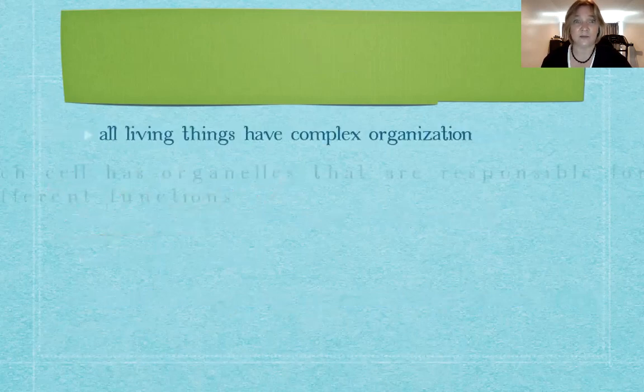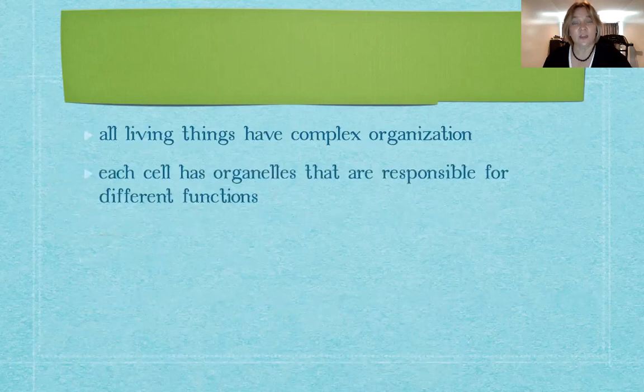All living things have complex organization. So even at the cellular level, if you look at one cell, even a cell is highly organized. It has small structures called organelles that are responsible for different functions. Very similar in the way to, if you look at a human body, it has many different organs, like your heart, your liver, your stomach, your brain, and each of those organs has a specific function.